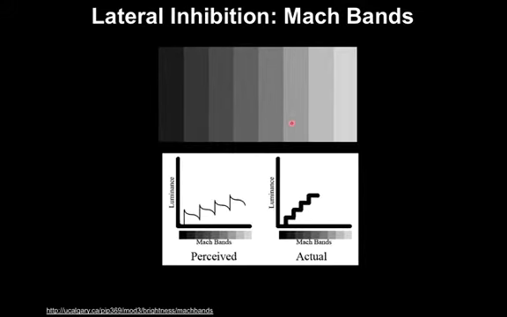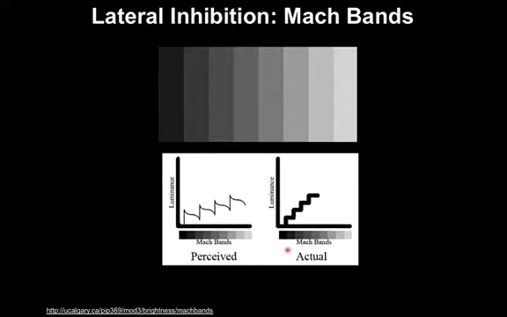However, if we were to plot the perceived luminescence, that is true. We perceive that it is lighter on one side and darker on the other, or vice versa, right? Lighter here and darker here.